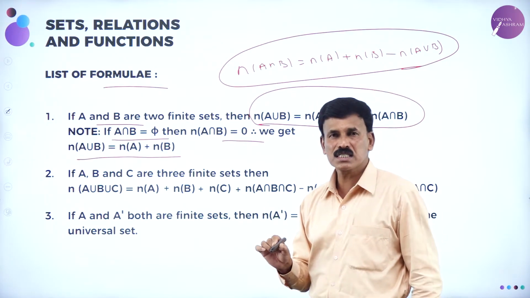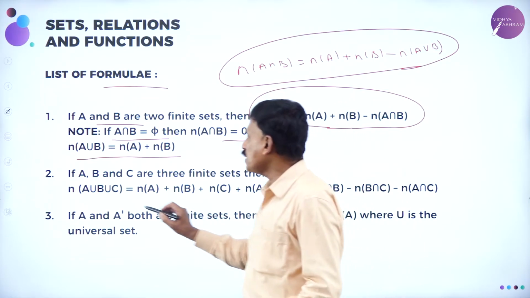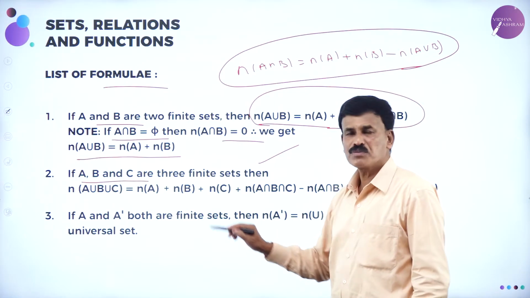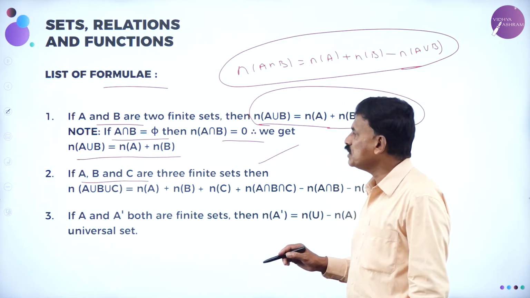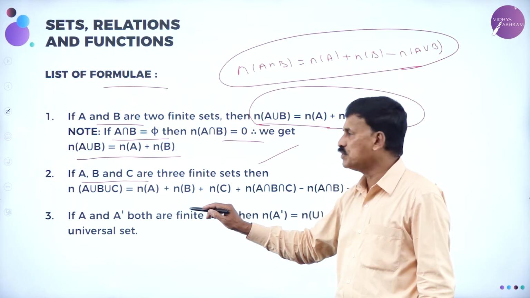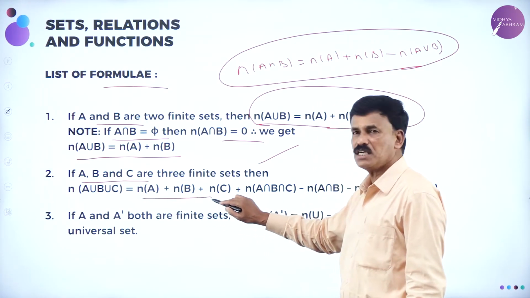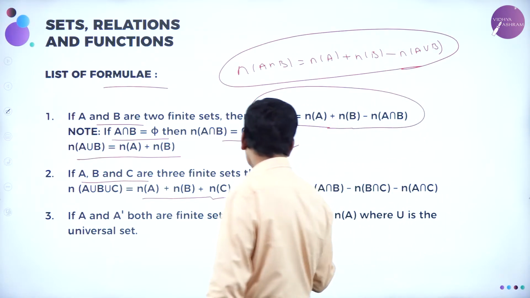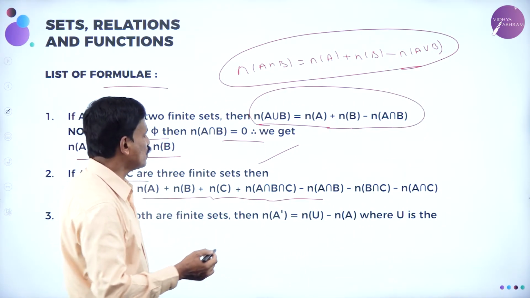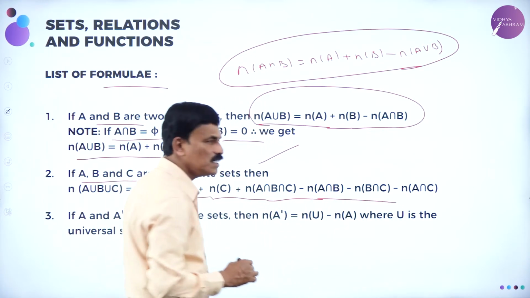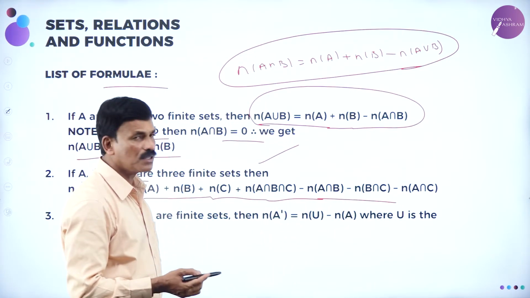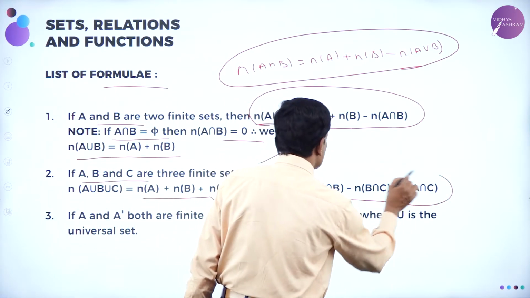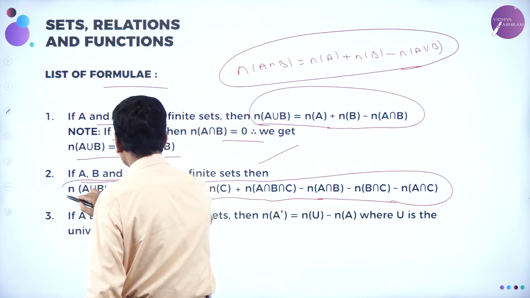Now let us consider the same concept for three sets. If A, B, C are any three finite sets, then the number of elements in A union B union C is equal to the number of elements in A plus the number of elements in B plus the number of elements in C plus n of A intersection B intersection C minus the number of elements in A intersection B minus the number of elements in B intersection C minus the number of elements in A intersection C. This is also a very, very important formula indeed.